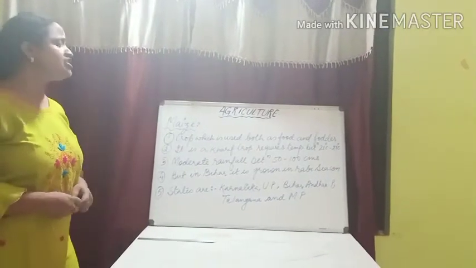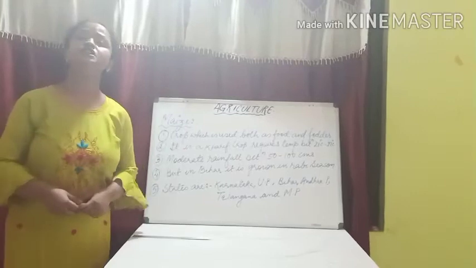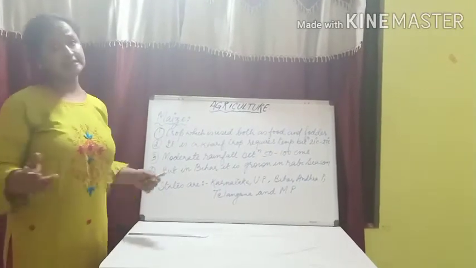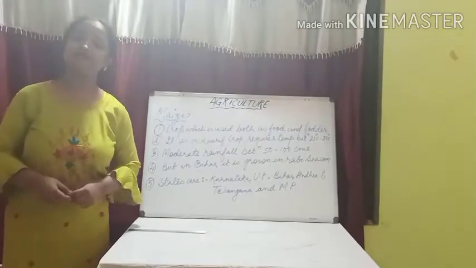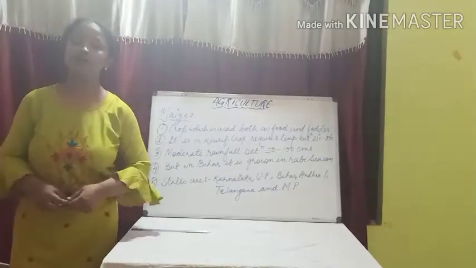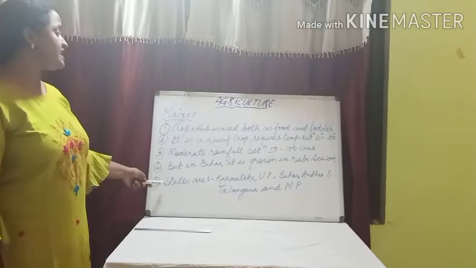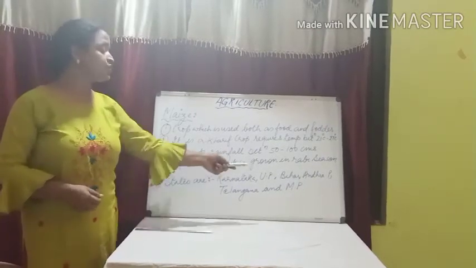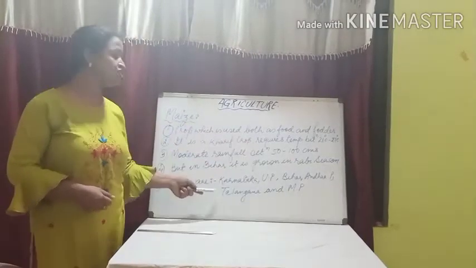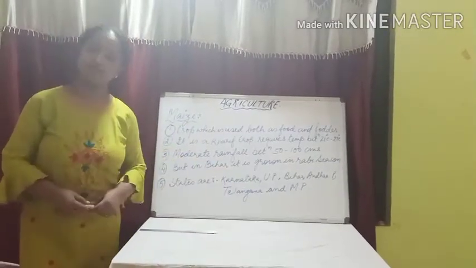It requires moderate rainfall, about 50 to 100 centimeters. As I said, in some areas like Bihar, it is grown in the Rabi season, so it's a Rabi crop in those sections. The states where maize grows very nicely are Karnataka, Uttar Pradesh, Bihar, Andhra Pradesh, Telangana and Madhya Pradesh.